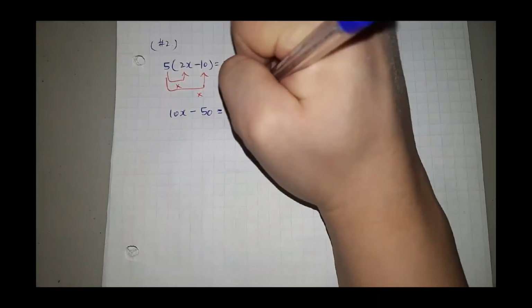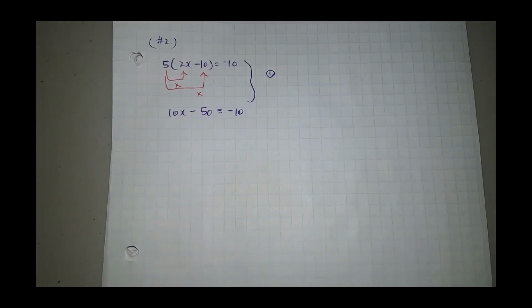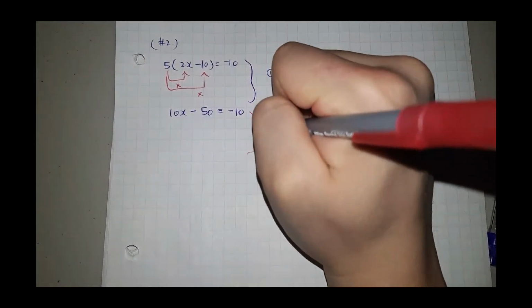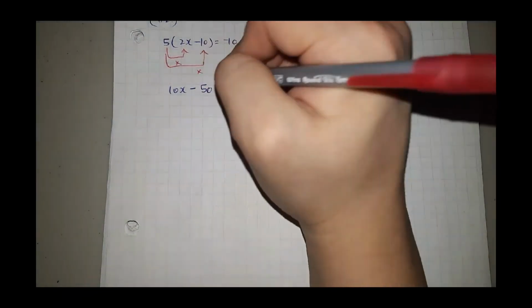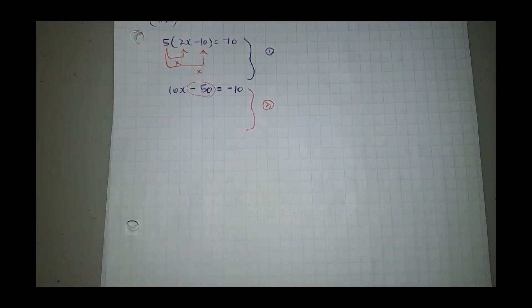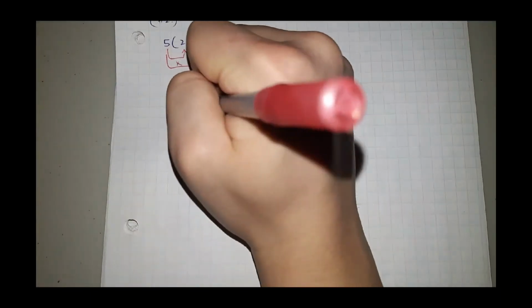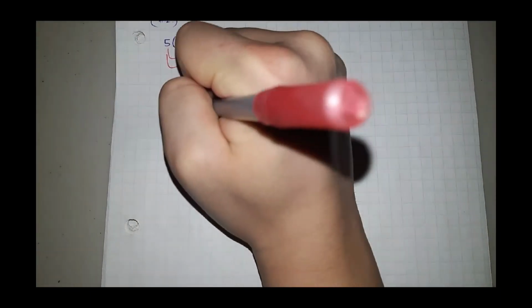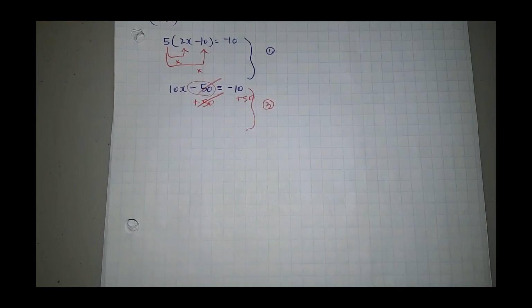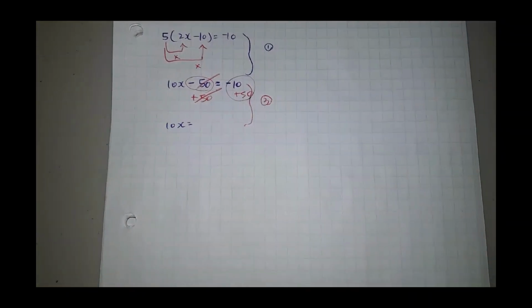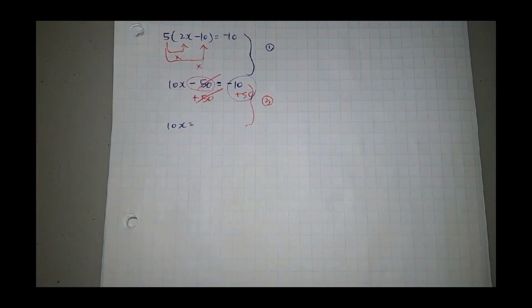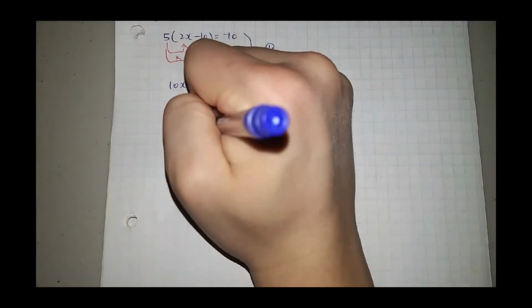So, step 1, done. Step 2, you have to simplify, which means solving the two-step equation. Have to get rid of minus 50. What's opposite of minus 50? That's plus 50. So that 50 will be gone. Then if I rewrite, 10x is equal to minus 10 plus 50, or 50 minus 10, which is 40.